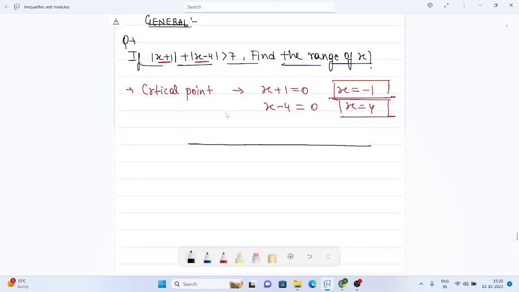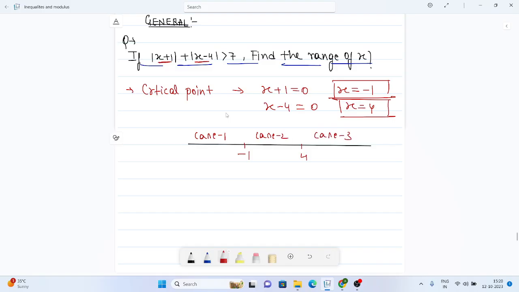What I mean is, you make a number line and take minus 1 and 4. These 2 points divide the number line into 3 pieces, which means there are 3 cases. This is case 1, this is case 2, and this is case 3.